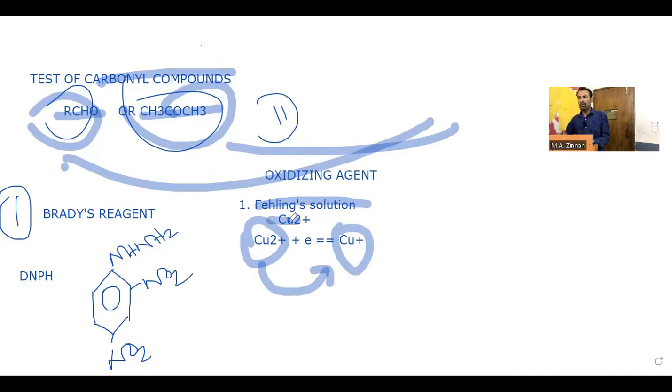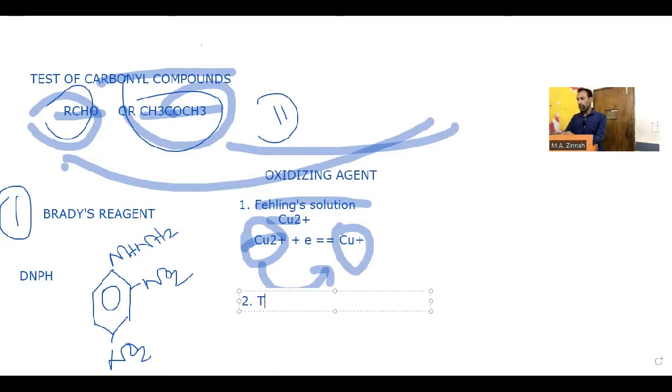The blue is for the copper 2 ion. When copper 2 ion gains electrons and forms a solid, copper 2 ion decreases in the solution, so the solution fades away. So there are two observations. Fehling solution is a complex with ammonia, but you don't need to know that.